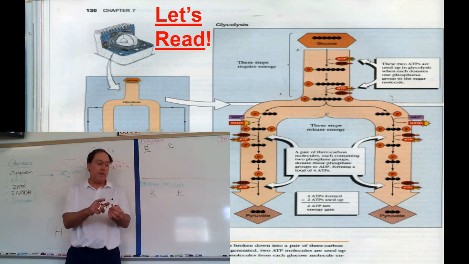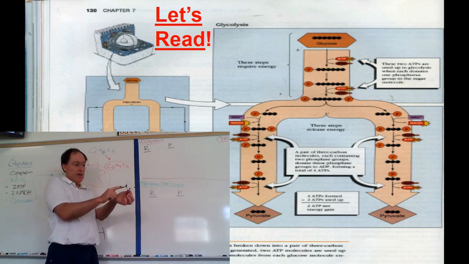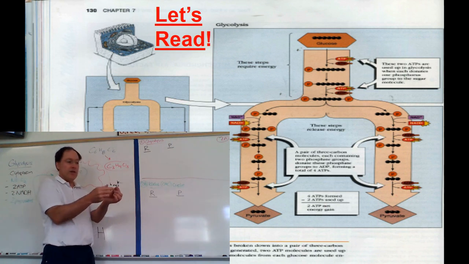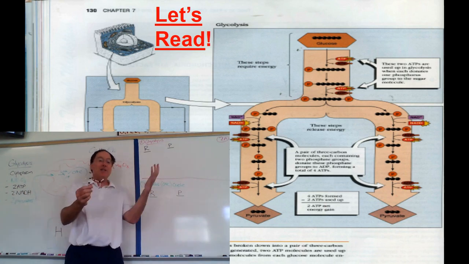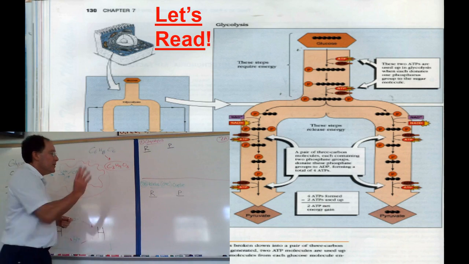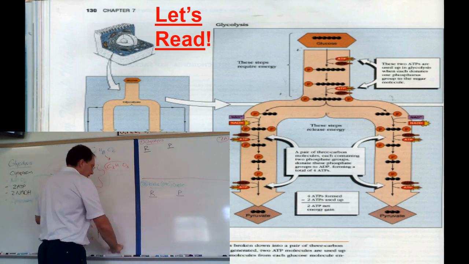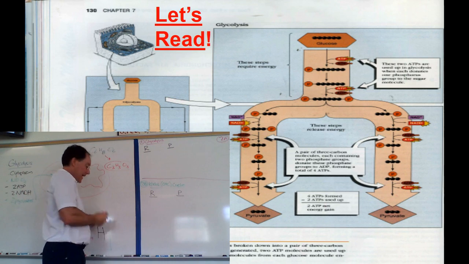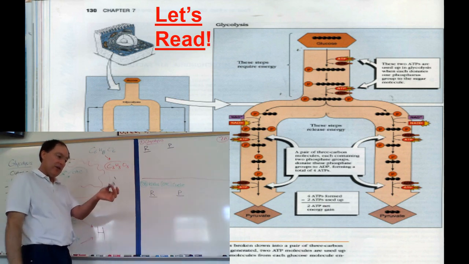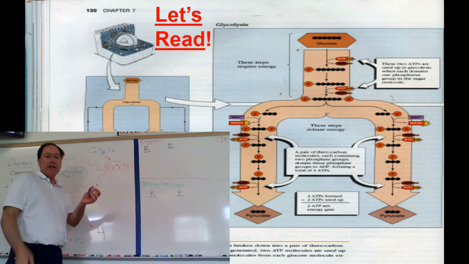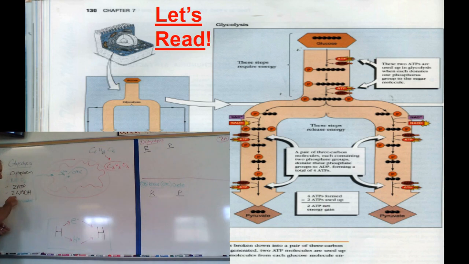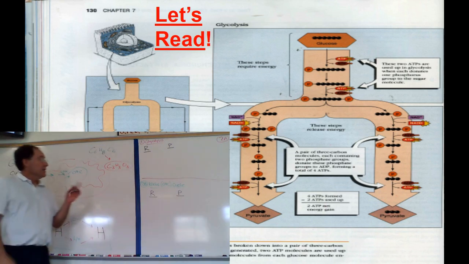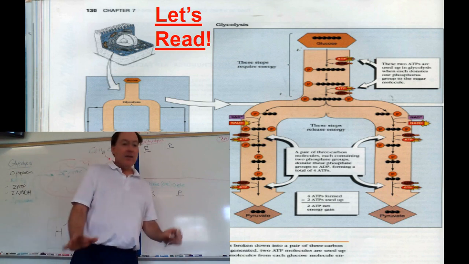So we have 3 carbons, 4 hydrogens, 1, 2, 3, 4, the 4 white kind of plastic things here, and then 3 oxygens. So maybe this is a pyruvate, but you're about to learn that it isn't. But it should be. I don't understand why your book is going to tell you that a pyruvate is C3H3O3, but I don't get it. I don't get where the other hydrogen left. How did one more of these hydrogens get knocked off here after what we just talked about? That 2 hydrogens need to be grabbed by each NAD that is going to be reduced. I don't get it. So anyway, let's bear with it.